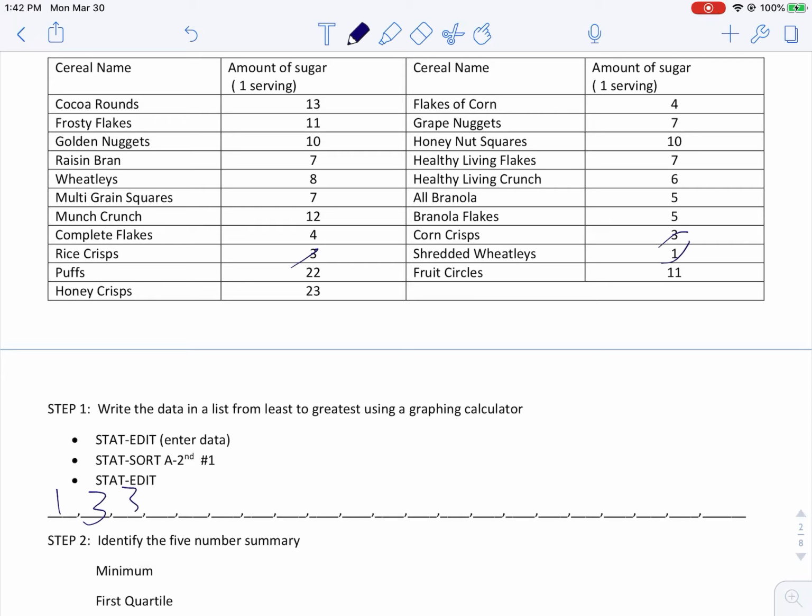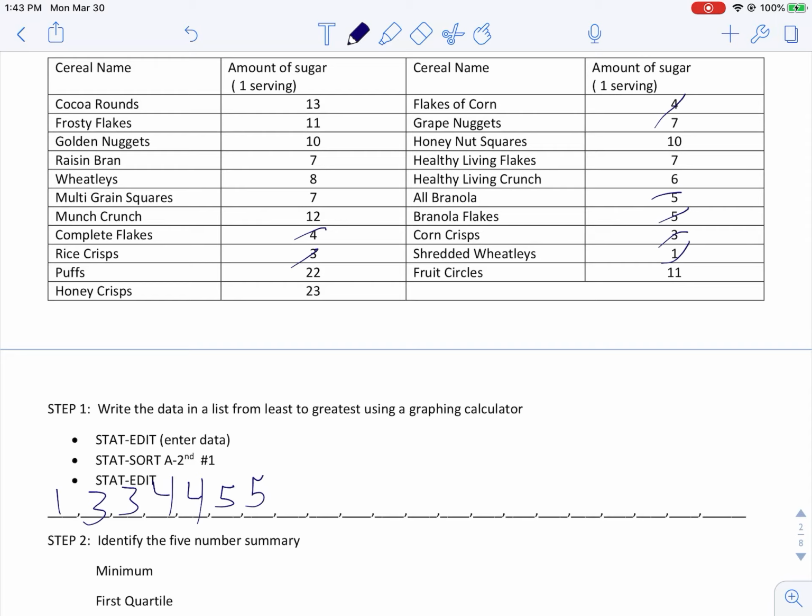3 again. I have 4. 4 again. I have 5, 2 times 5.